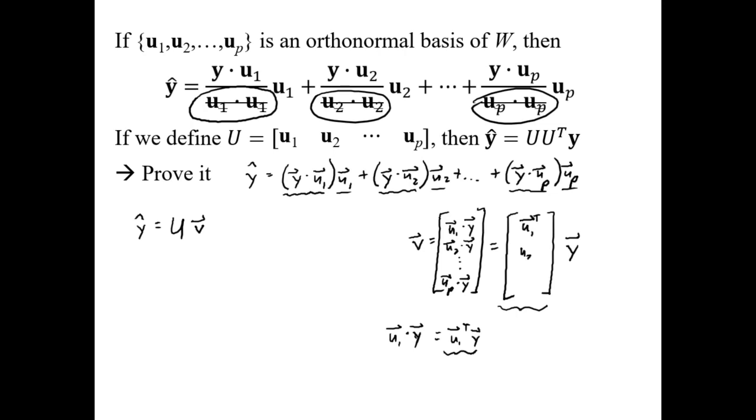Then we have U2 transpose on down to UP transpose. And this matrix right here, that's U transpose. So what we're finding is that this vector V that we were working with over here is nothing more than U transpose times y. And so y hat is this product. So there we go.